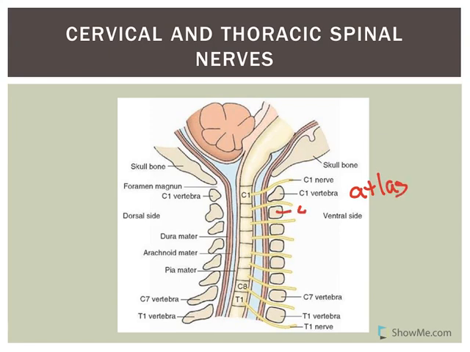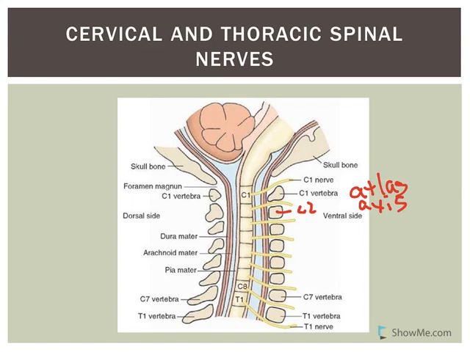The second cervical vertebra is referred to as your axis. The rest of the cervical vertebrae don't have any specific names. But the first cervical spinal nerve leaves above the first cervical vertebra. The second spinal nerve leaves above the second cervical vertebra.